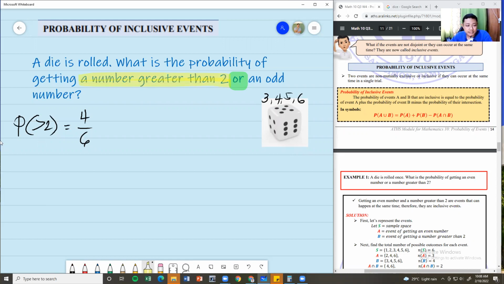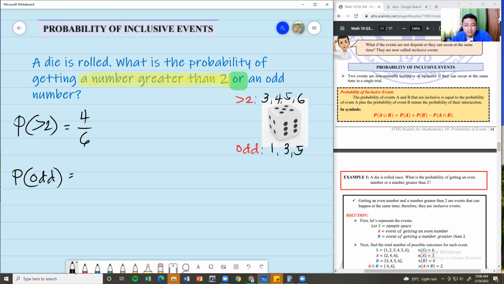Now we have our second event. Our second event is an odd number. And in a die, when you roll a die, what are the odd numbers? They are 1, 3, and 5. Very good.